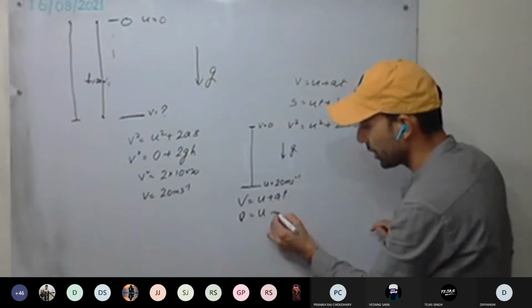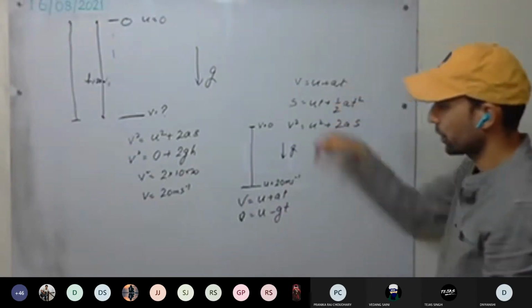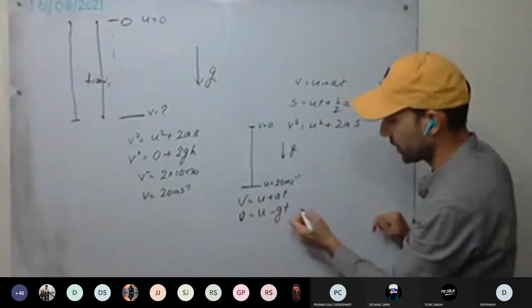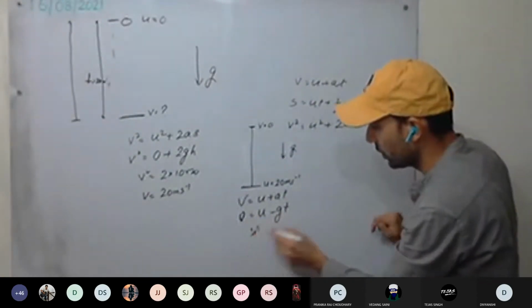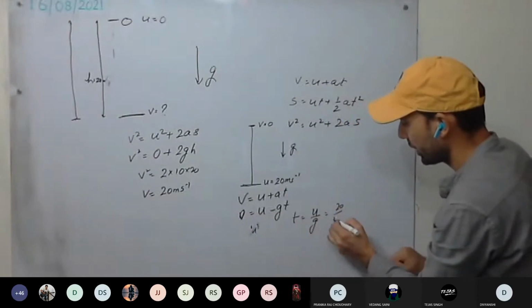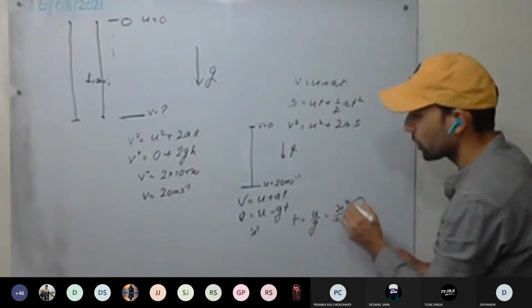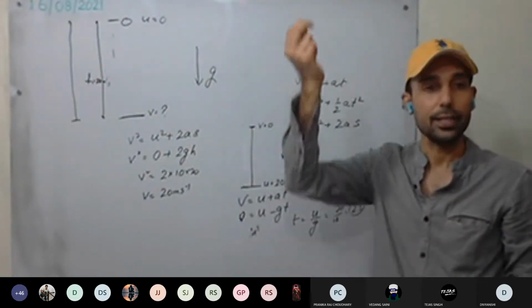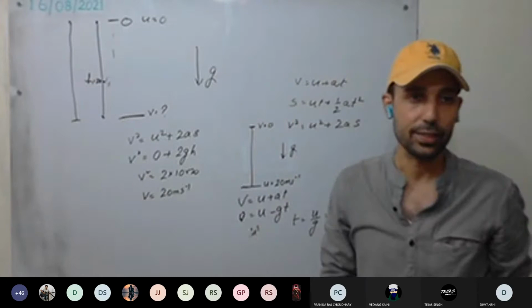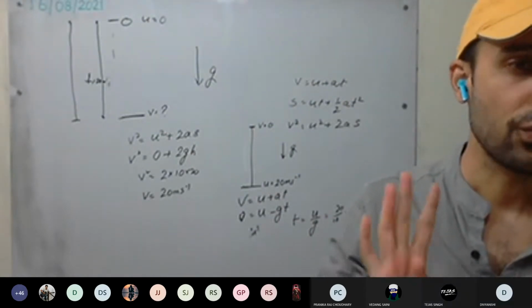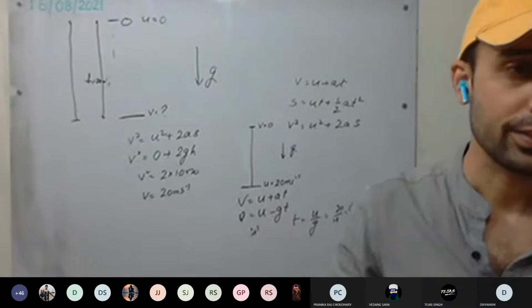U is there, and here it will be minus gt, because acceleration due to gravity is retardation. So t equals u by g. How much is it? 20 by 10, 2 seconds. So the ball takes 2 seconds while going up, and coming back it will take 2 seconds, the same. So a total of 4 seconds.